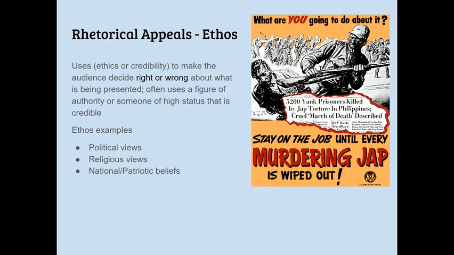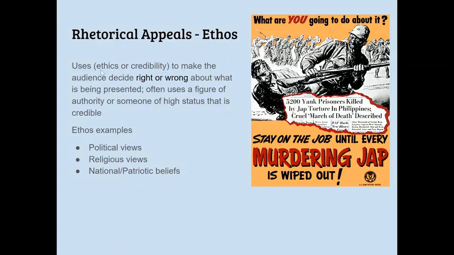You would probably be more likely to buy a product that is sold by a celebrity than if it was a random person selling the product. So that is what we're talking about when we appeal to credibility. Think about CoverGirl ads, different car ads that have celebrities selling something. You would be more likely to buy it that way.